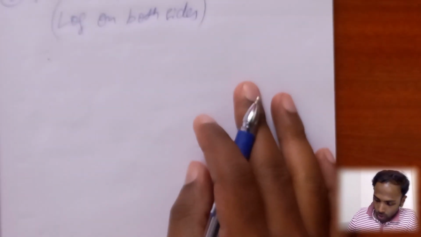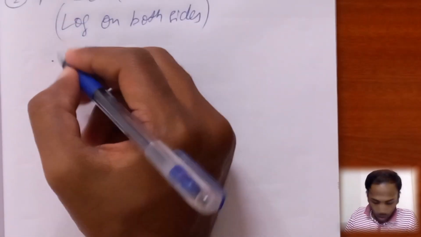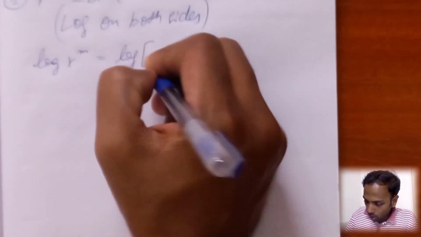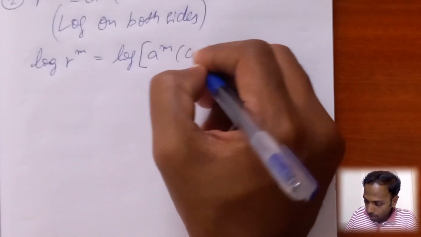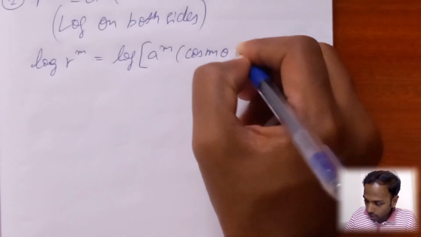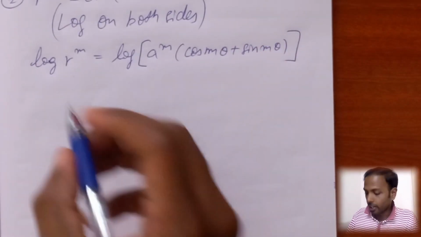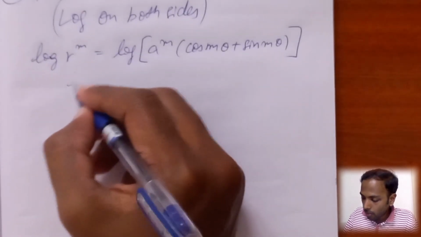Okay. Log on both sides, and then what will you get? What will you get now? Log of r power m is equal to log of a power m into cos m theta plus sine m theta. Okay, so there is a formula.